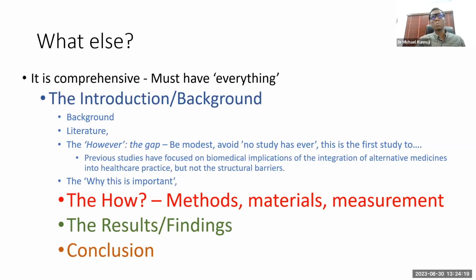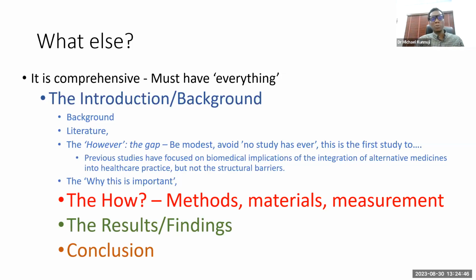And if there is no gap to fill, then it becomes difficult to prove that it is important. So before you show why the study is important, you show that you're familiar with the literature, and then you show what exactly the missing link is. What do we not know that the current study intends to make known?